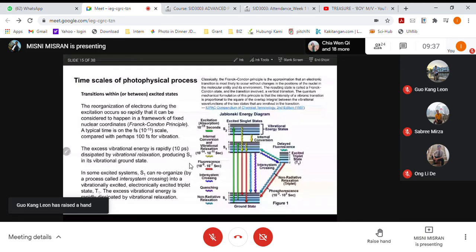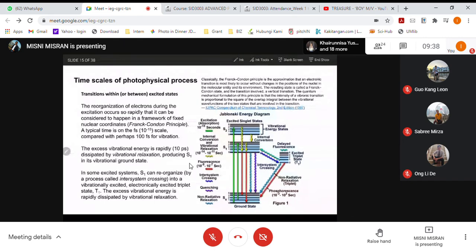Before I came into the class, I just added from the website Wikipedia, the Franck-Condon principle. So it's not much. What we want to see here is actually the Jablonski diagram, the energy level diagram. So what happens within one molecule?